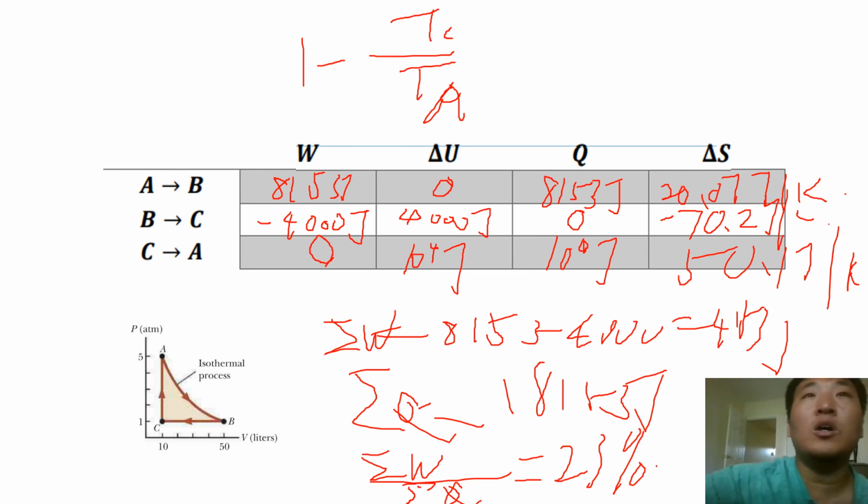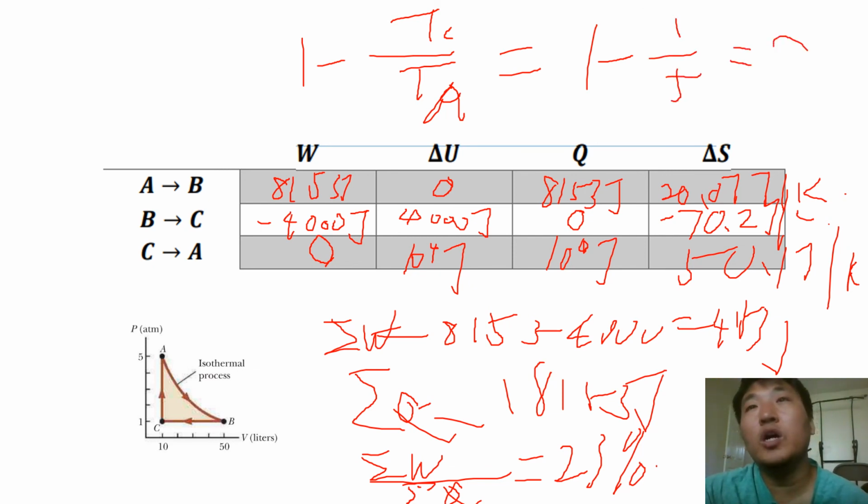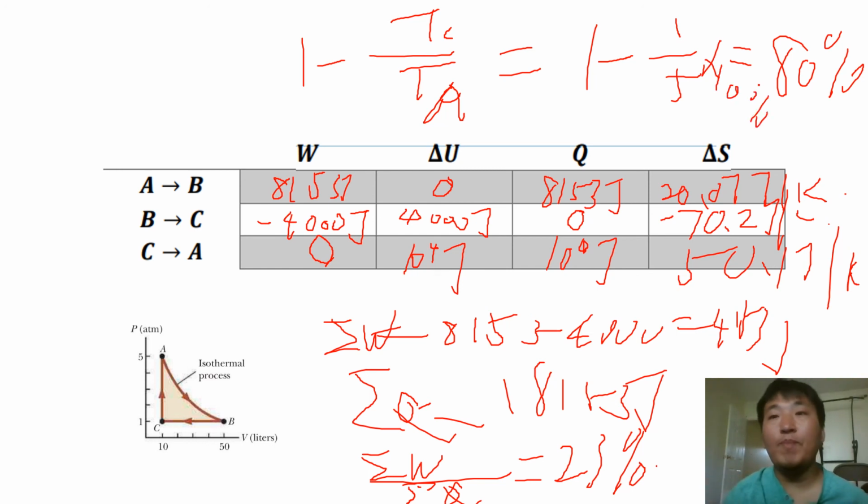So we write the highest efficiency as this function. That leads to TC to TA, which we know is 1 to 5, so that is simply 80% after calculations. So 80% of the 18153 is the maximum heat we can convert.